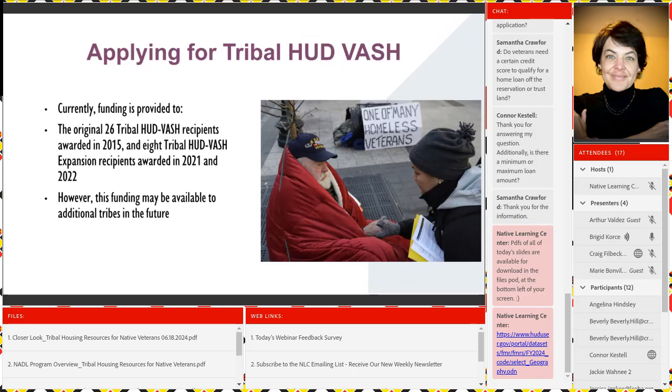So currently, applying for Tribal HUD VASH, I can't tell any of you that there's an opportunity to apply right now or even predict that that will be open. My expectation is that it would be. And so if it's something you're looking at doing, one thing to do is to really start thinking about how you might set up a program if the funding became available, because sometimes these expansion applications have a very short turnaround.